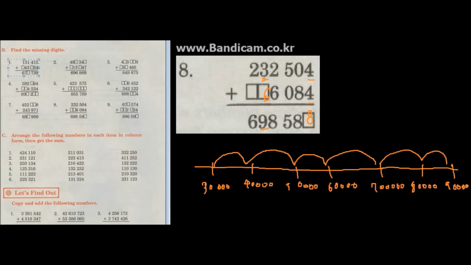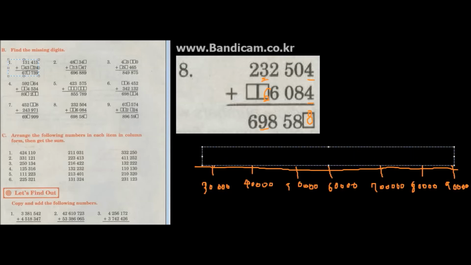Okay, now let's go to the next one. This is 200,000, and the final answer is 600,000. So what should we do? Well, we should do the same thing. So I'm going to erase this part, and I'm going to erase the bottom part.